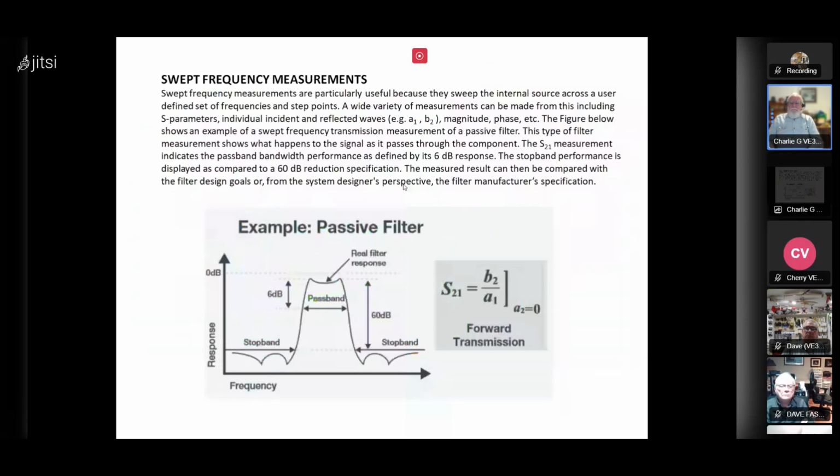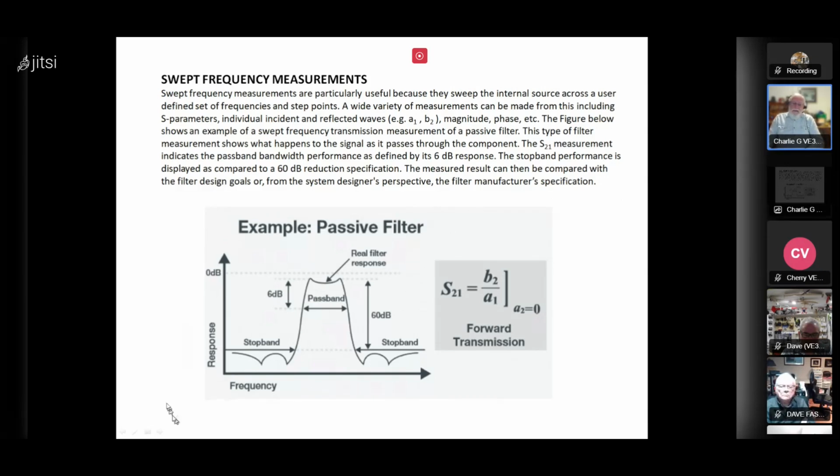Apart from looking at a frequency of interest and seeing how networks behave, VNAs allow you to do swept frequency measurements as well. And so if we're sweeping the frequency, we can have a look at things like filters, for example.